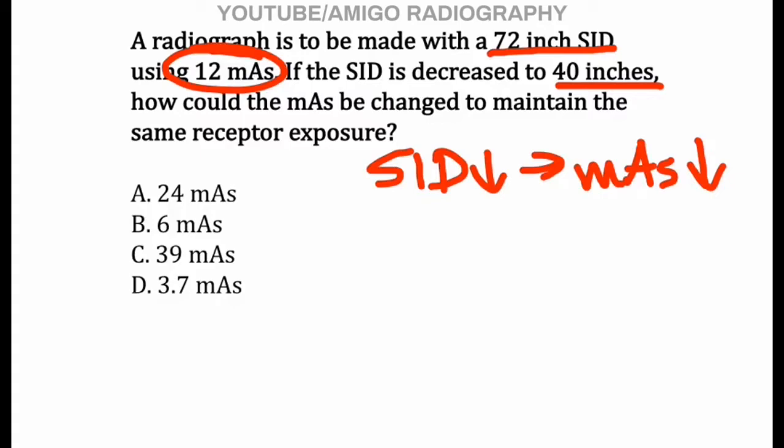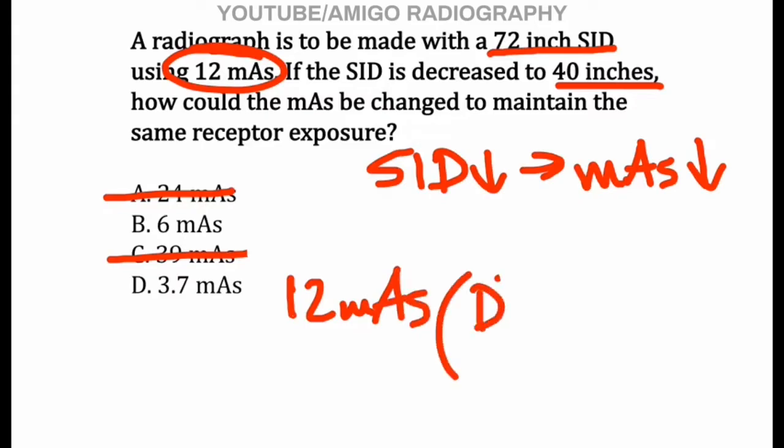And so we can immediately eliminate a few answer options. Our initial mass is 12, so we know A cannot be correct, and we also know that C, 39 mass, cannot be correct. So now it's just a matter of plugging in the numbers and finding the correct answer. We start with, for this calculation, 12 mass. And we need to multiply it by a ratio of the squared distances.